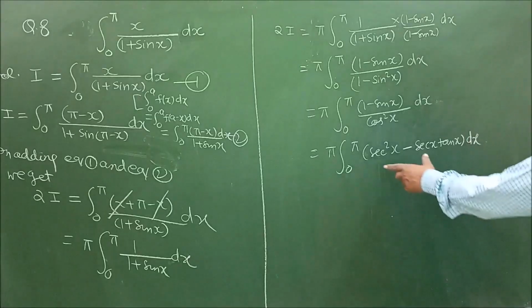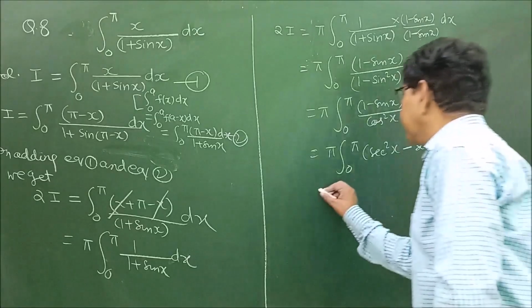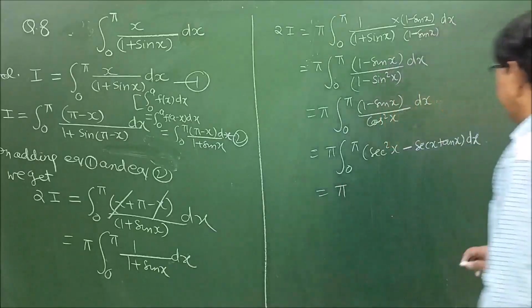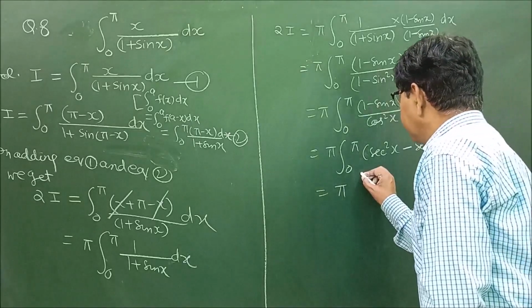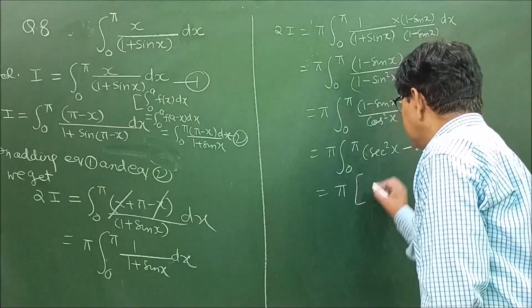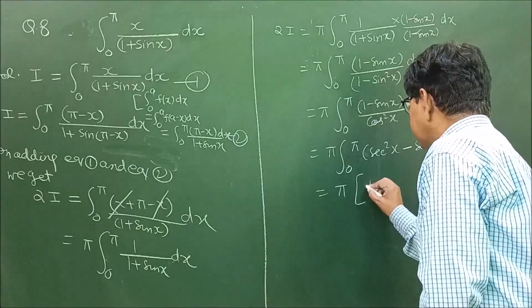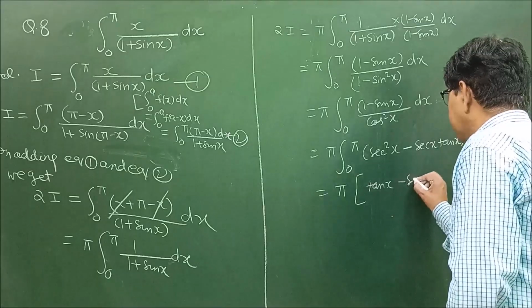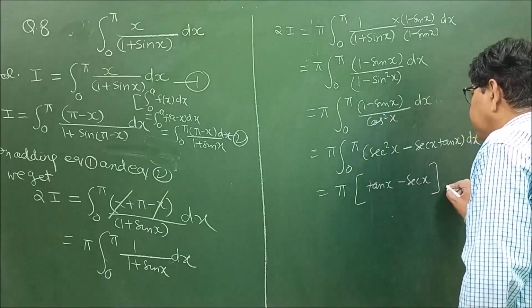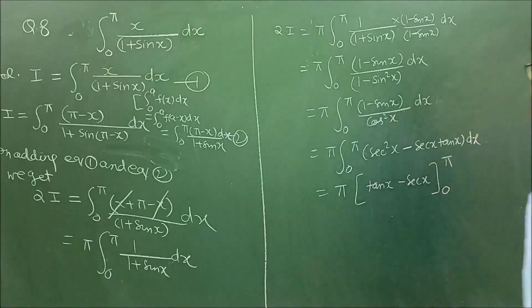And now if we integrate this function, then the integral of sec square x is tan x and the integral of sec x tan x is sec x. So integration from 0 to pi, the integral of sec square x is tan x, minus the integral of sec x tan x, which is minus sec x, and the limit is from 0 to pi.